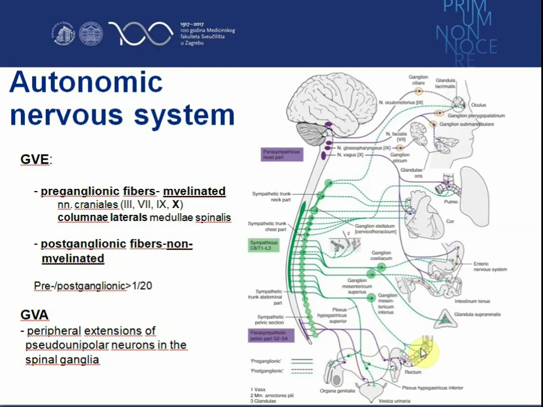It is also important to mention that additional parasympathetic supply for the head and neck comes from the nuclei of other higher cranial nerves and is switched in some special ganglia, while the sympathetic supply for the whole body comes from the thoracic segments of the spinal cord.